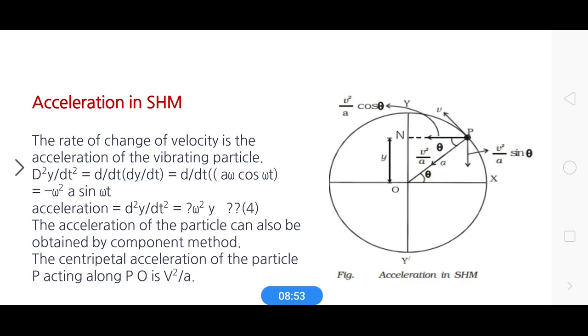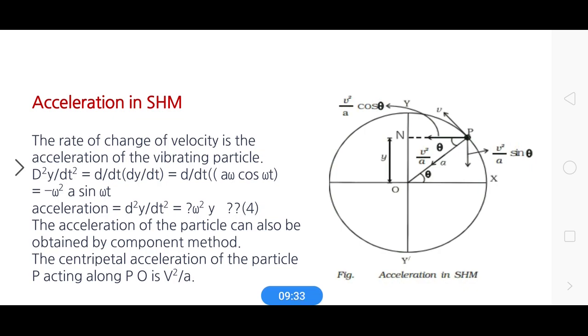But we know that a sin omega t is the displacement. So acceleration is equal to minus omega square y. So this is the first method to obtain the acceleration of the particle. Here we got a is equal to minus omega square y. From this equation we can directly conclude that acceleration is proportional to displacement, but it is opposite to the direction of displacement.